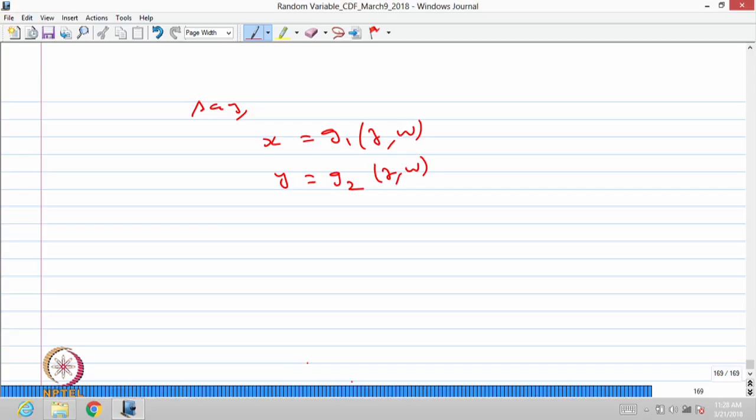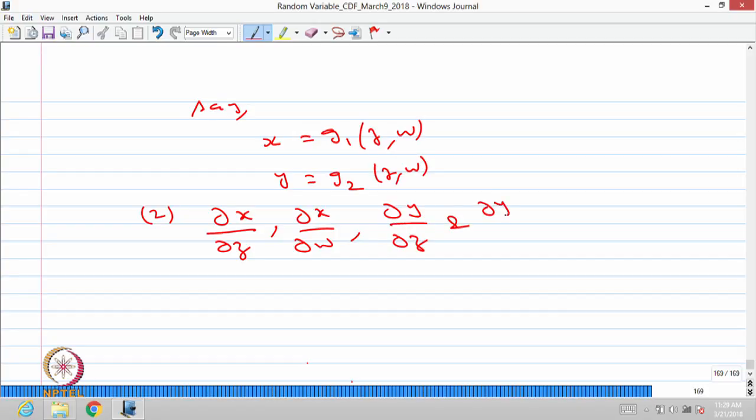Okay. The second assumption: with x in terms of z and w, and y in terms of z and w, I can go for finding the partial derivatives with respect to z and w for x and y. I can find the partial derivative of x with respect to z and w.